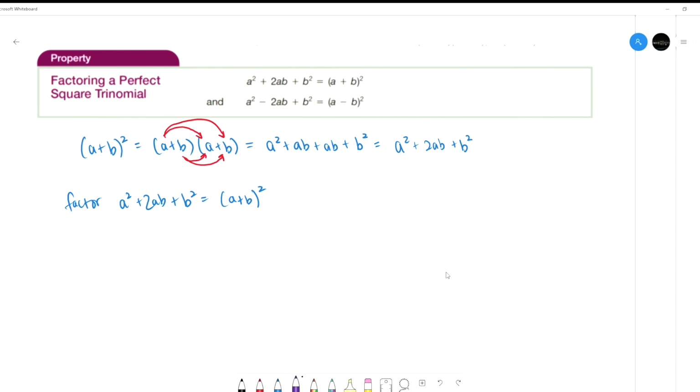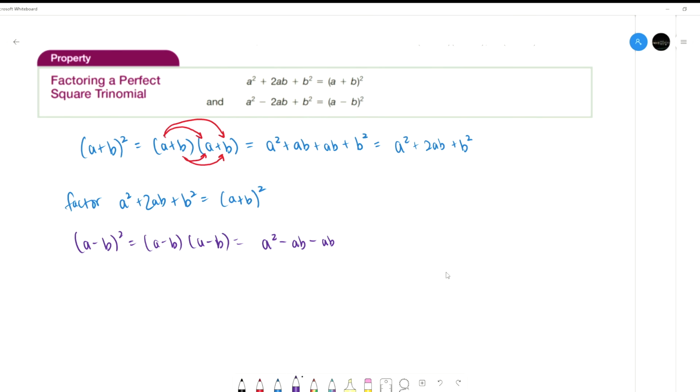problems are pretty common. Alright, so let's look at A minus B squared, right? If you expand it, it's A minus B times A minus B, right? If you distribute, right, you get A times A is A squared. A times minus B is minus AB. Minus B times A is minus AB.